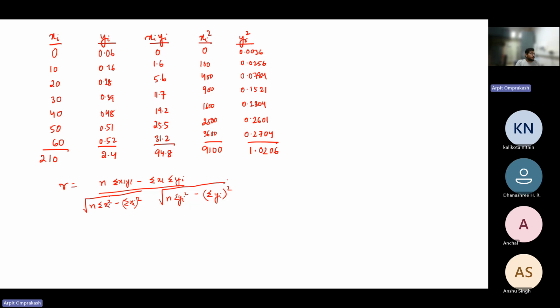Right. So we'll just input the values. N here will be 7 since we have 0 to 6, 7 data points. And we'll have here this 7 into 94.8 minus 9210.